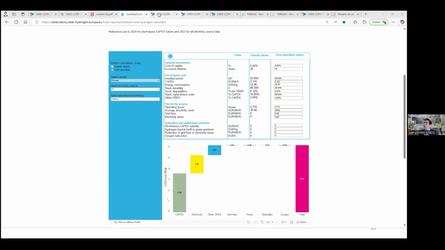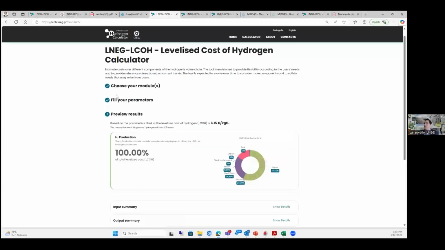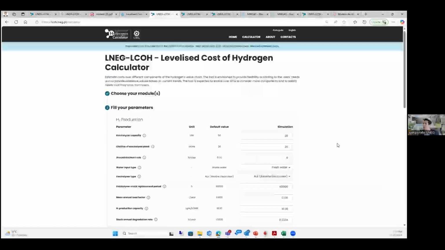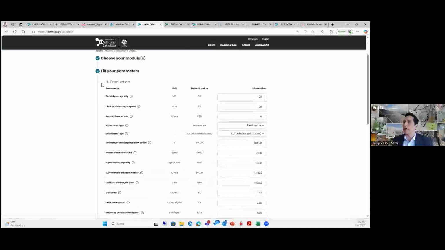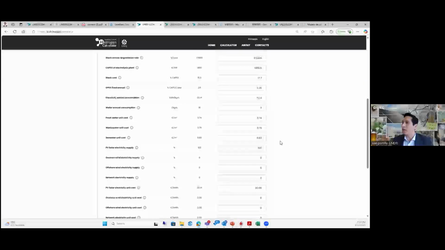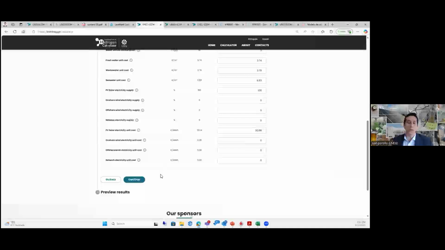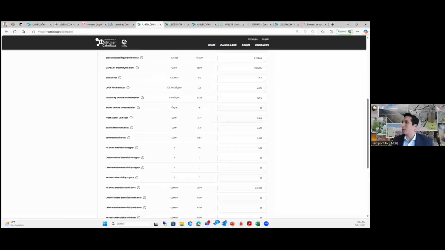I want to show you in here how our tool just worked. I just pre-filled the parameters that we needed. We selected only the hydrogen production module, because the case is only based on that. As you can see, we filled in all the information that was in the other tool, and the extra information that was not explicitly stated, like water, for instance.